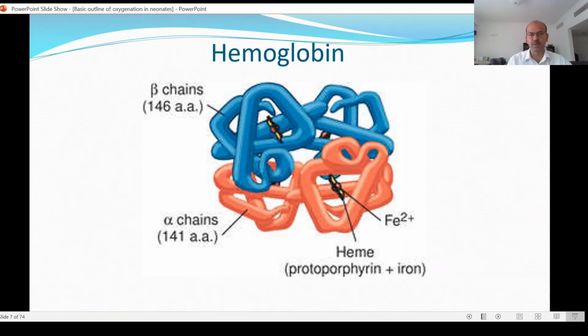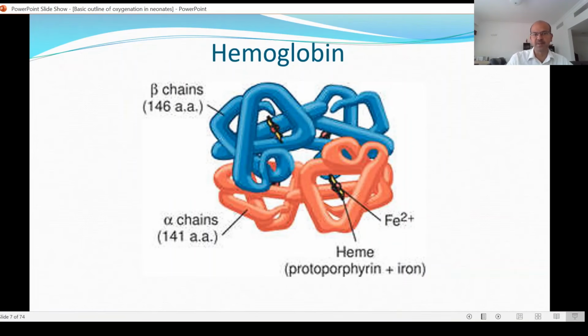We mentioned that hemoglobin is a key carrier of oxygen, and this is the structure of hemoglobin. We have the 4 globin chains, which are the protein components. The globins can be 2 alpha chains as in both fetal and adult hemoglobin, and the 2 beta chains in hemoglobin A. If you have 2 gamma chains, it becomes fetal hemoglobin, and 2 delta chains makes hemoglobin A2.